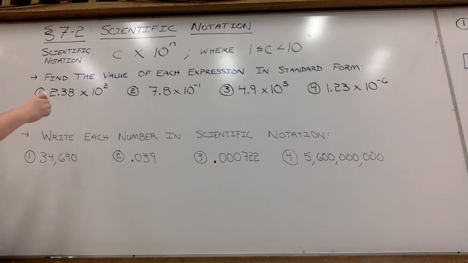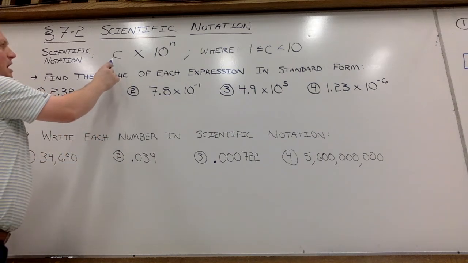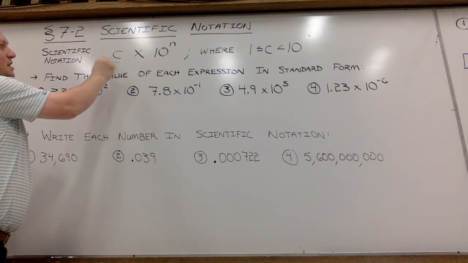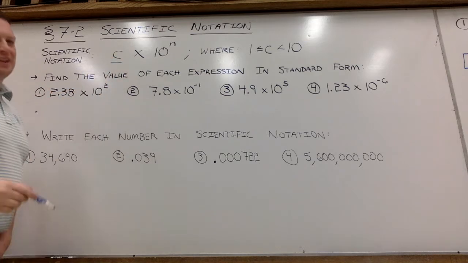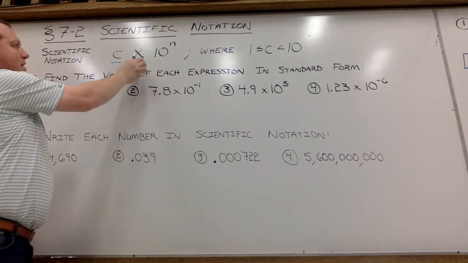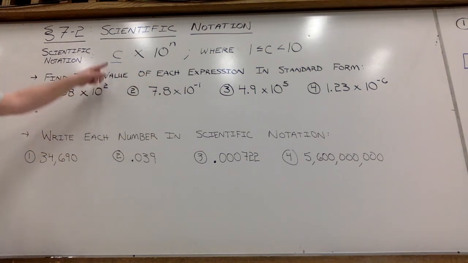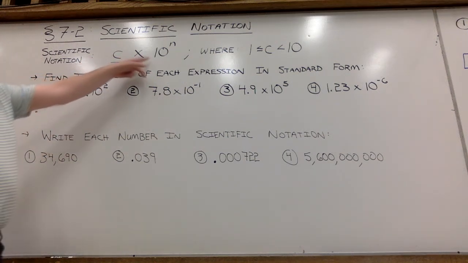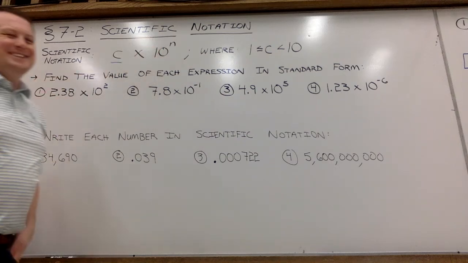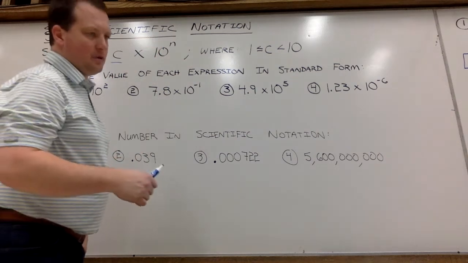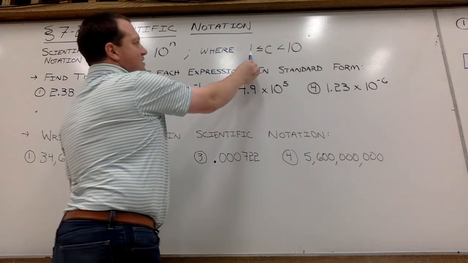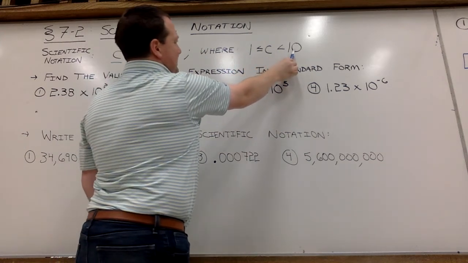So in scientific notation, we have what we call our C value. C is what I call the leading number before my times 10 to a power. It's really important here that C, the number that is in front of times 10 to a power, is a single digit numerical value, meaning it's at least equal to 1 but less than 10.